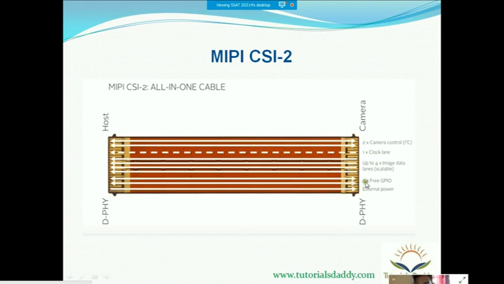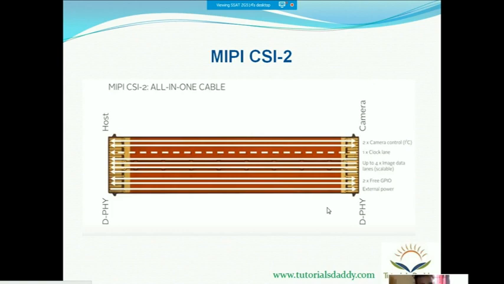And after that we have 2 GPIOs. It also has 2 free GPIOs which can be connected with the camera sensor as well as the chipset. These GPIOs can be dedicated for a reset pin or standby pin and other purposes. With that we have an external power supply also.